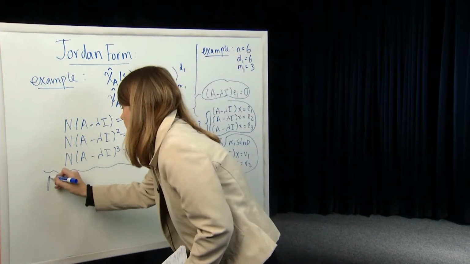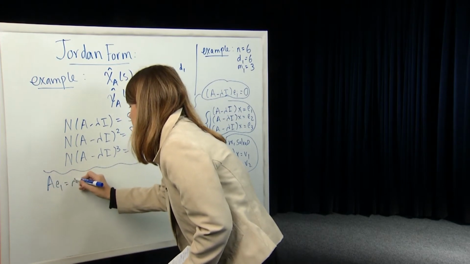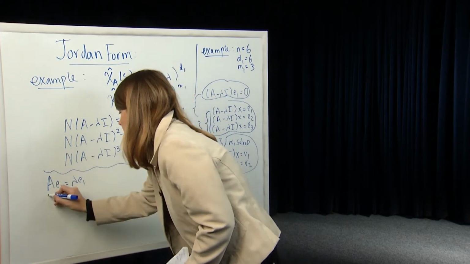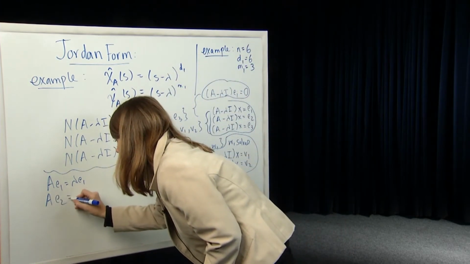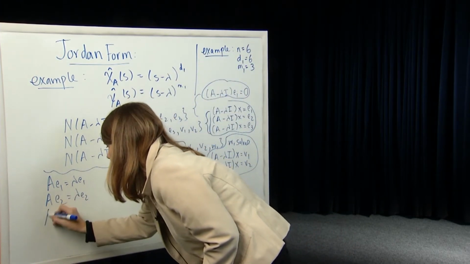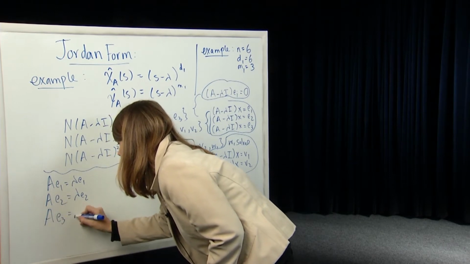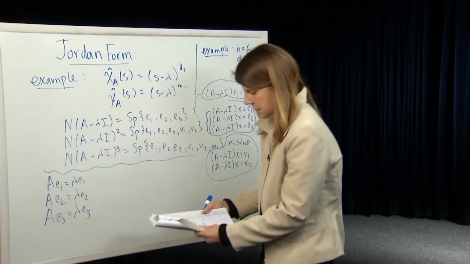Let's just summarize. We have that A E1 is equal to lambda E1, A E2 is equal to lambda E2, and A E3 is equal to lambda E3.